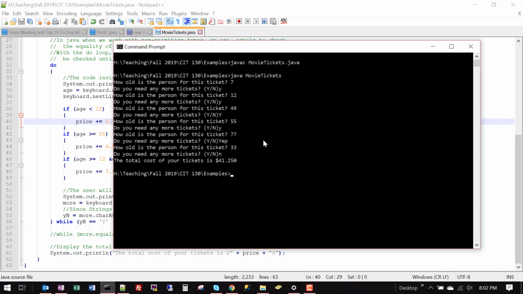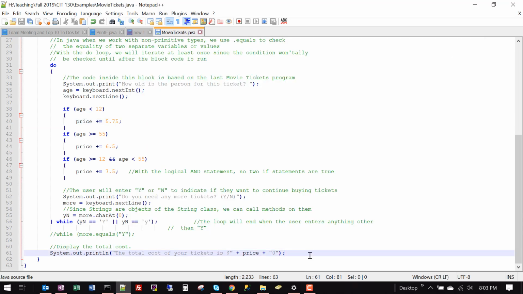Now it says 41.250. Things got messy because the 75 for the 7-year-old added to the 50s here wound up putting it 25 cents over, and now that little 0 there didn't work.